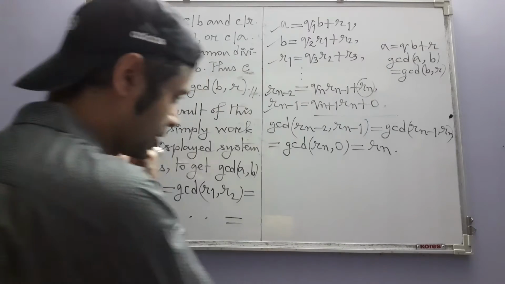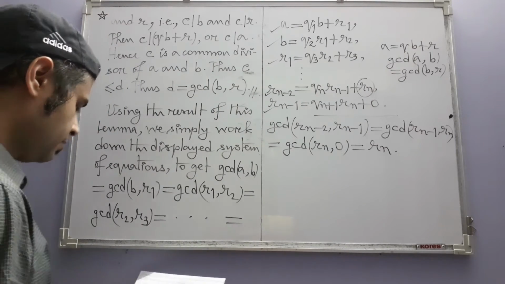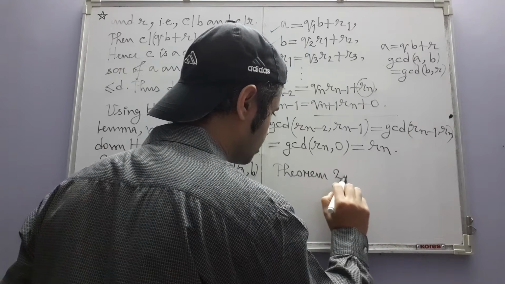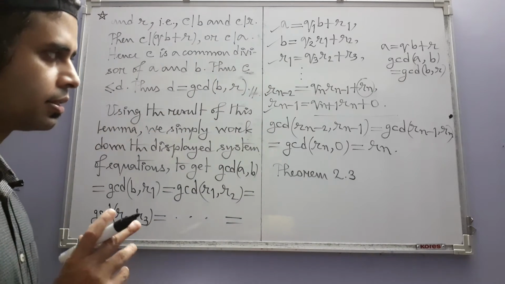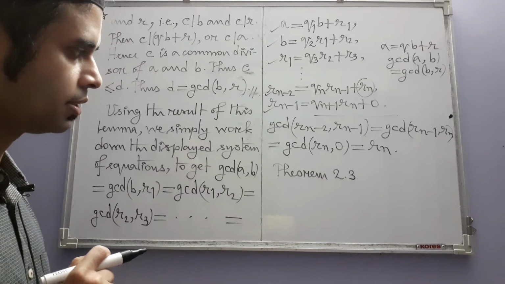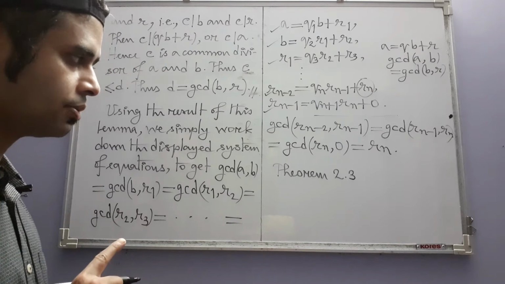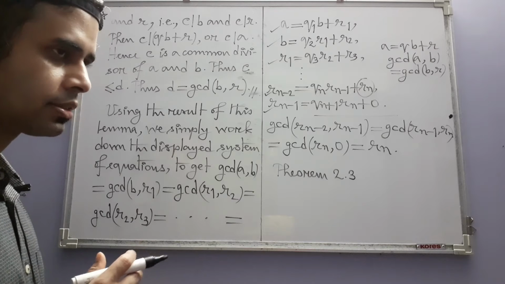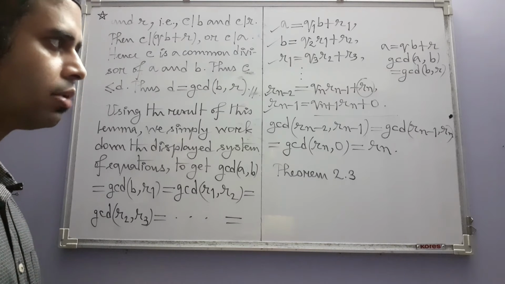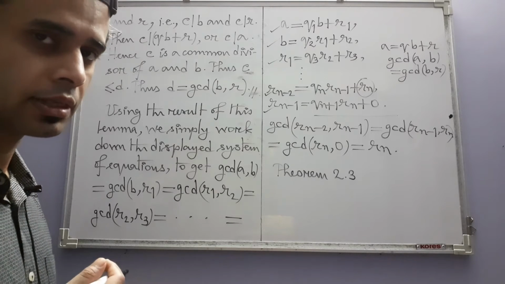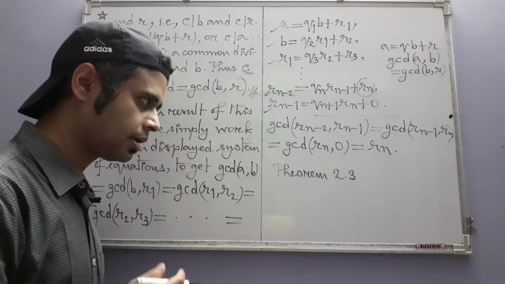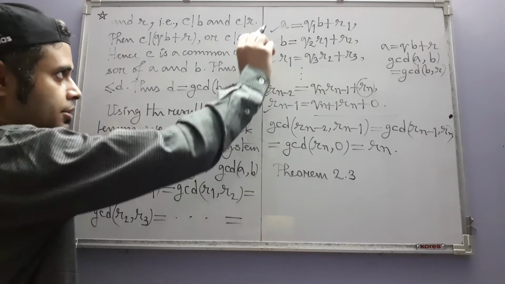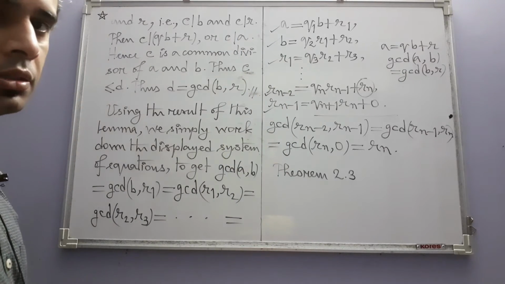Now here another aspect comes out. You see, in theorem 2.3, theorem 2.3 is the result which proves that the GCD of A and B exists if at least one of them is non-zero, and it also additionally proves that the GCD is the linear combination of A and B. However, the proof or the statement of the theorem gives us no clue about how to find those integers x and y, using which you can write the GCD of A and B as, say, ax plus by, as a linear combination of A and B. But these equations will help us find those integers x and y.